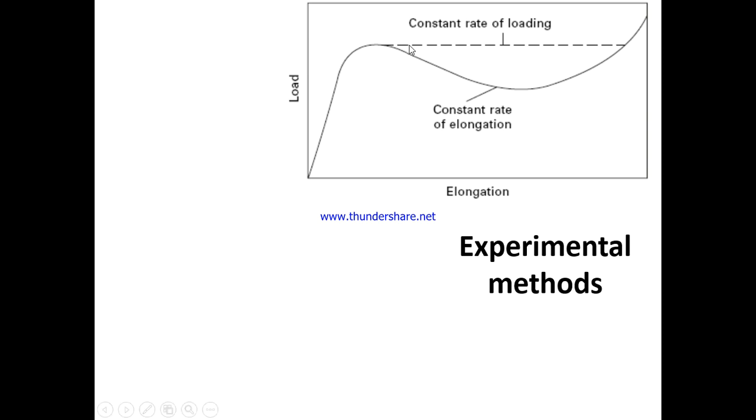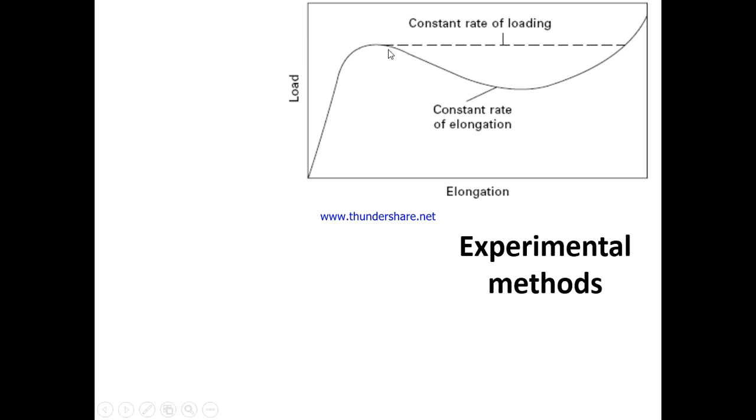If you use constant rate of loading, that means a fixed amount of load has been applied, then the load elongation curve will be like this. And if you measure the tensile strength of the specimen by using constant rate of elongation principle, it is observed that after a certain amount of loading, the material tends to be relaxed or slackened.